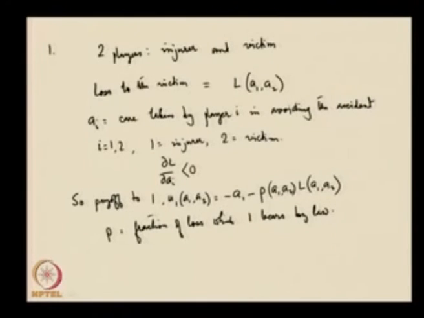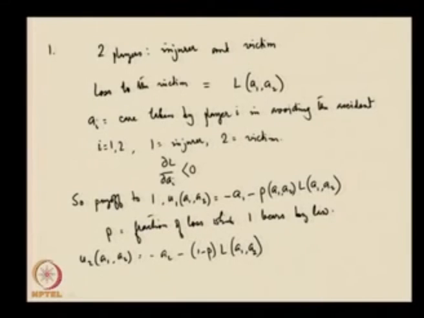Similarly, U2 will be minus A2 minus that part which is not covered by the injurer, that has to be borne by the victim.